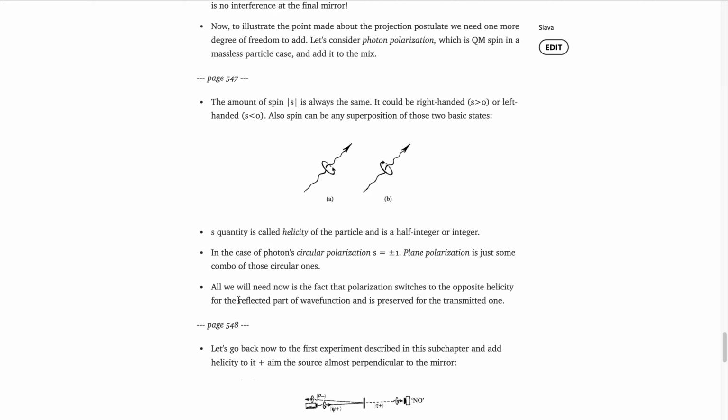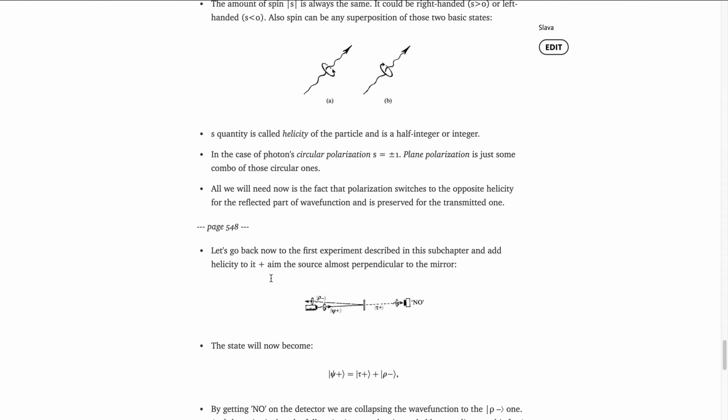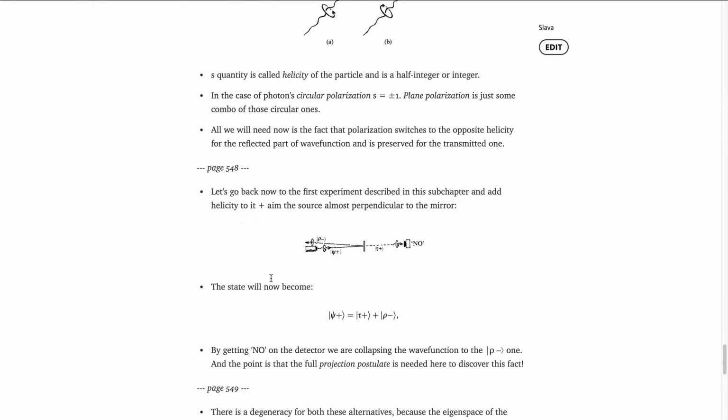So now we can go back to the first experiment described in this subchapter and add helicity to it. So we are assuming that the source is producing photons with positive helicity, right-handed, and we aim the source almost perpendicular to the mirror, so the reflected part goes almost in the same line with tau plus, as you can see on the picture.